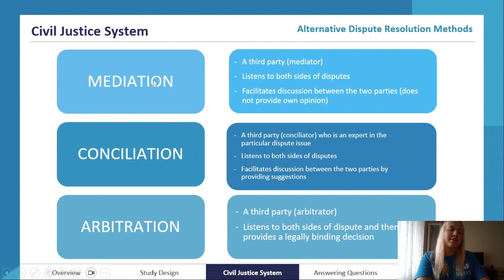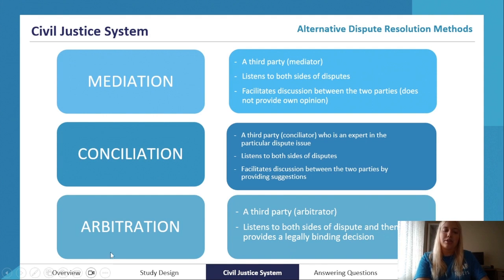They are not just a random person like the mediator, but a conciliator has to be specifically an expert in the particular type of dispute that these people are having. So they also bring their own expert knowledge to it, and that's why they're allowed to give suggestions and solutions.